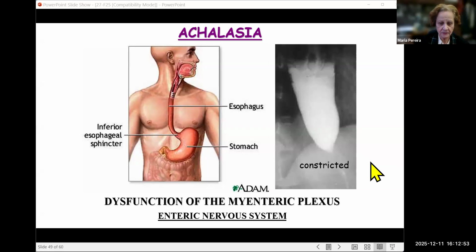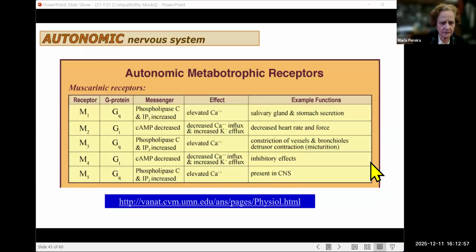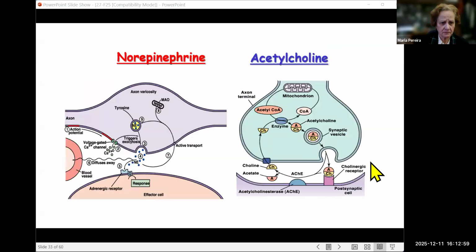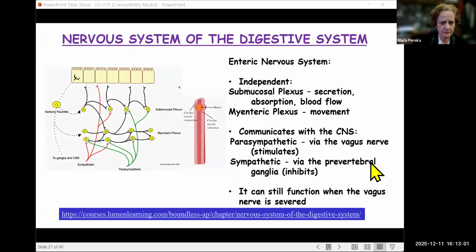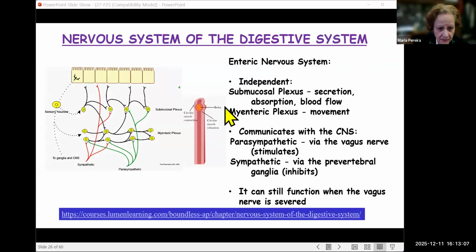Okay, so I think this is the last. So let's go here. Just want to go back here. If you remember the myenteric plexus, it's involved in the movement of the food, of the bolus, down the digestive tract.